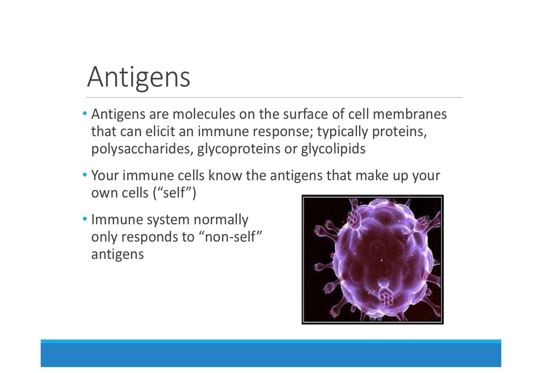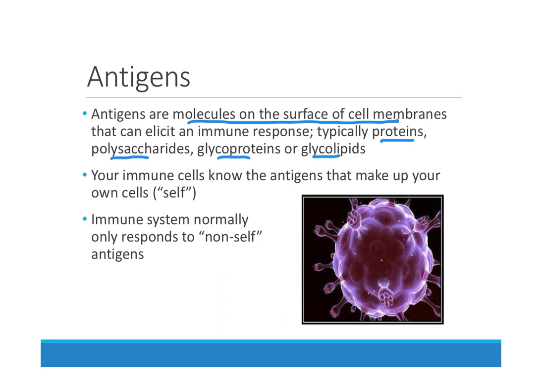antigens. So antigens are molecules on the surface of cell membranes that cause a particular immune response. These molecules are typically some kind of protein or carbohydrate, a polysaccharide, or some combination, like a glycoprotein would be a carbohydrate and a protein, or a glycolipid is a carbohydrate and a lipid.